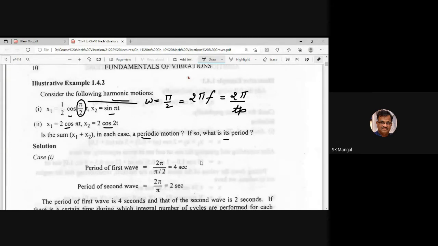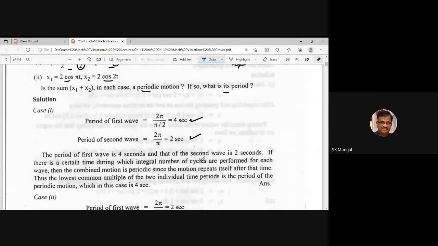So you get a time period of 2 pi upon pi by 2, nothing but 4 seconds. Similarly, you can write 2 pi upon this omega, and it becomes the period of the second wave. So your first wave has a time period of 4 seconds, and the second has a time period of 2 seconds.